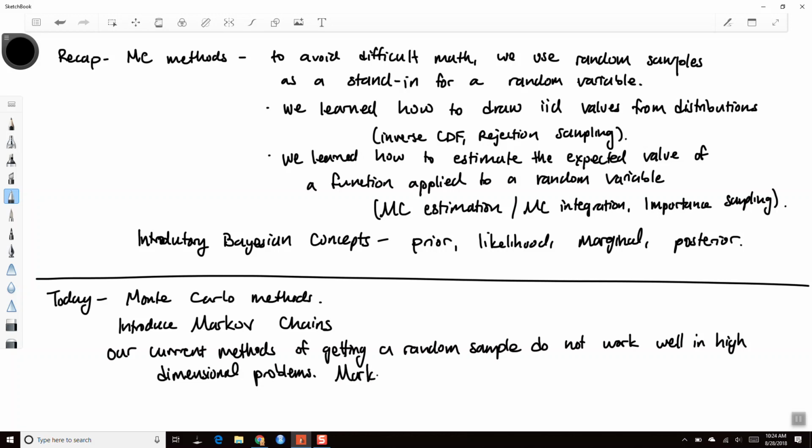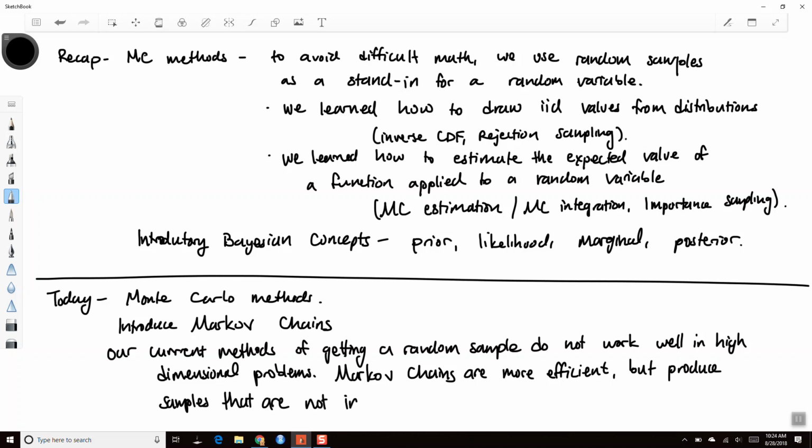Markov chains are more efficient but produce samples that are not independent of each other. Okay, but this is okay.